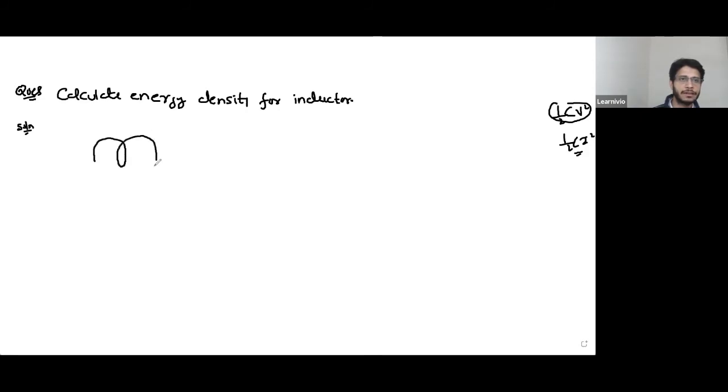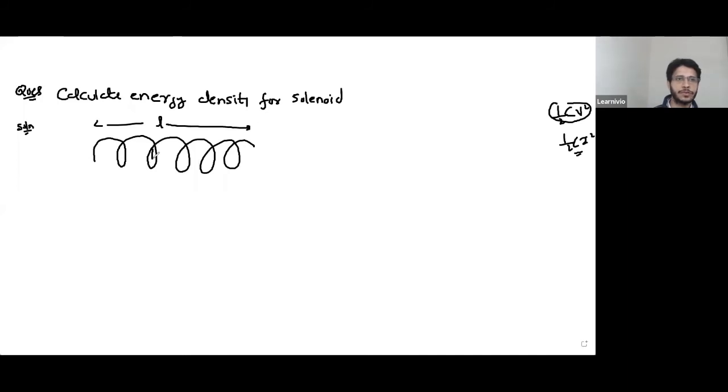So I take an inductor, or instead of inductor, just write this as solenoid. I take a solenoid. The length of the solenoid is L. The radius of the solenoid is R. The energy density of solenoid, representing it by small u, is energy stored in solenoid divided by the volume of solenoid.